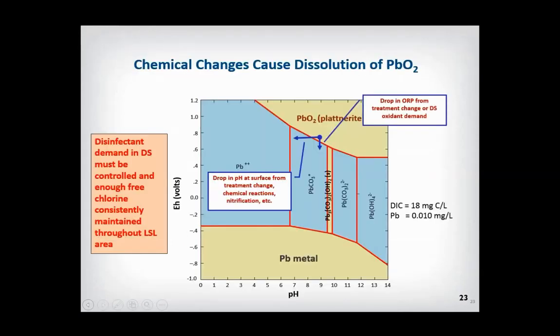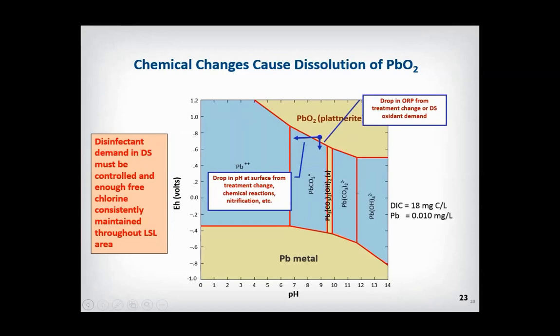Now, when you have lead-4 scales, the two most important parameters to control in the system are really the disinfectant demand, so that you can maintain a high oxidation reduction potential, which indirectly relates to the amount of free chlorine that's added to the water. But you want to minimize your disinfectant demand so that you don't have to over-add the amount of chlorine to keep the ORP high. But these scales can be destabilized two ways.